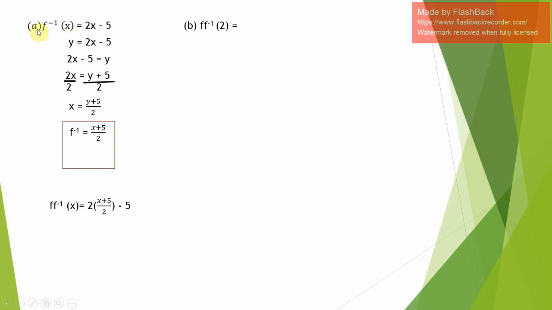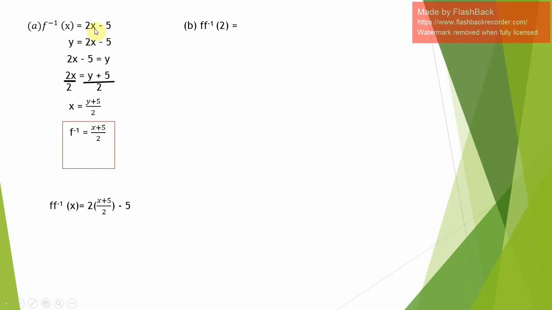It's this one here, the one in the question, where it says f of x is equal to 2x minus 5. It is there in the question. So here we've just combined these functions. This is f of x.